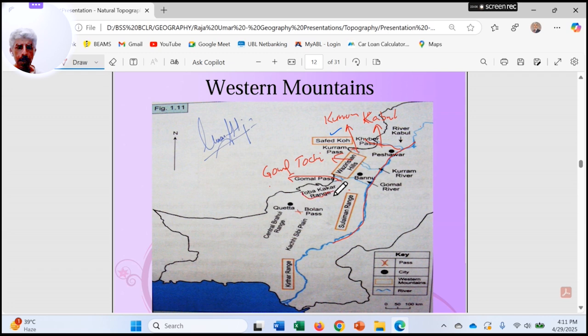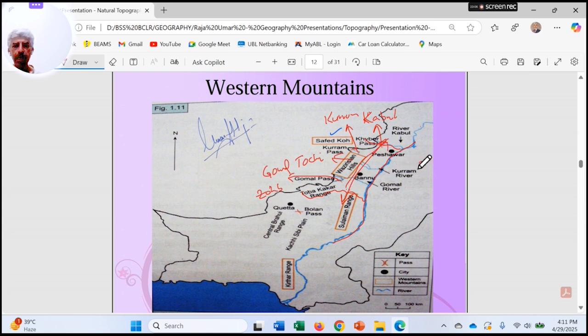It flows in the Topographical range and it falls into the Indus River like this. So these are the western tributaries of river Indus, as they all are contributing their waters from this side, the western side of river Indus.